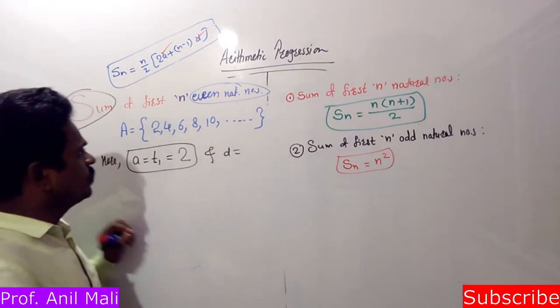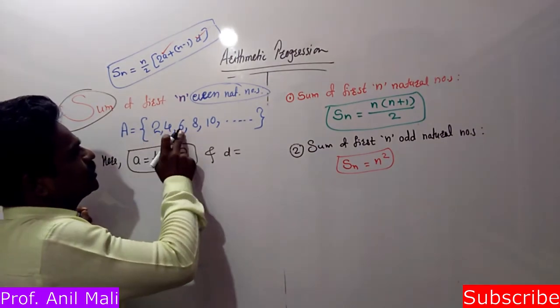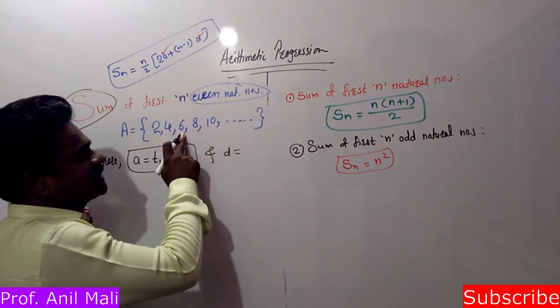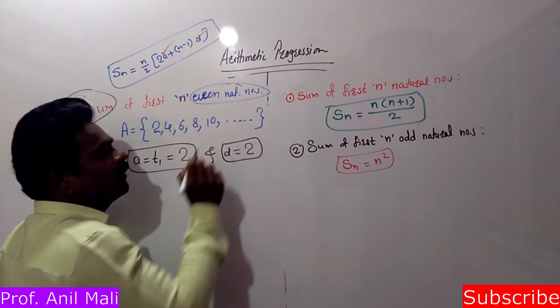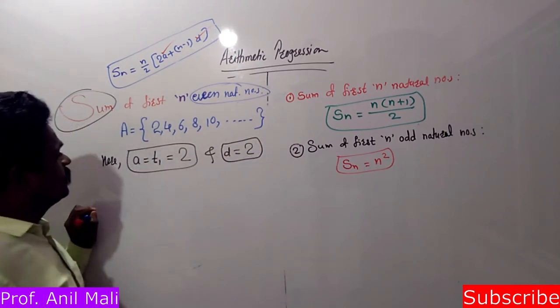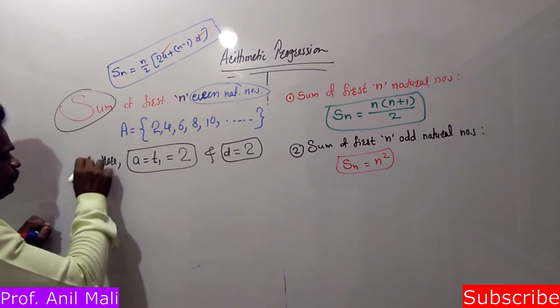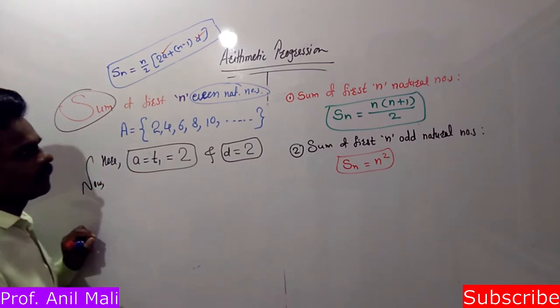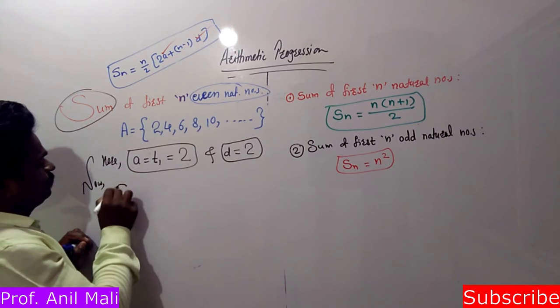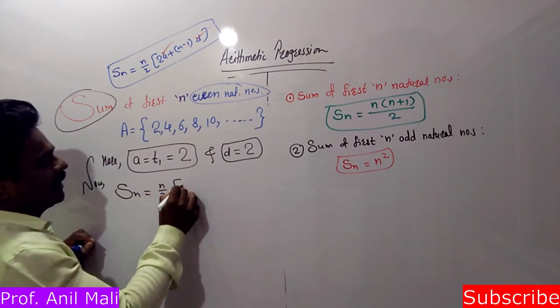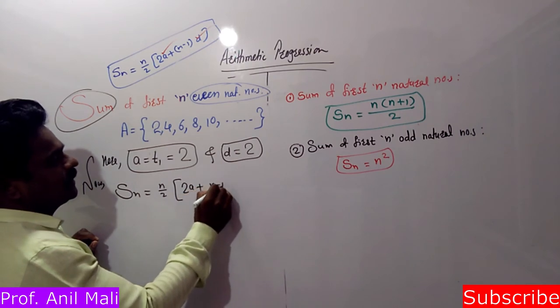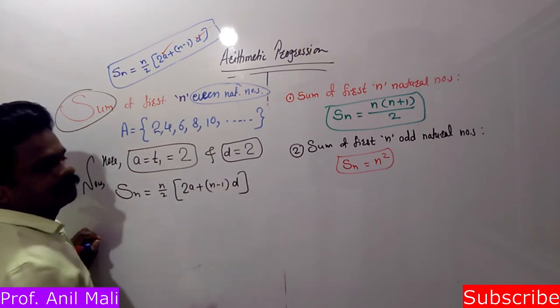That is 2 only. 4 minus 2 is 2, 6 minus 4 is 2, 8 minus 6 is 2, 10 minus 8 is 2, so D is 2. Fine, no problem. Now use this formula. Sn is equal to n by 2 into the bracket 2a plus n minus 1 into d.